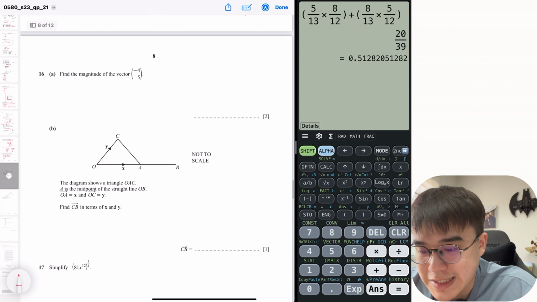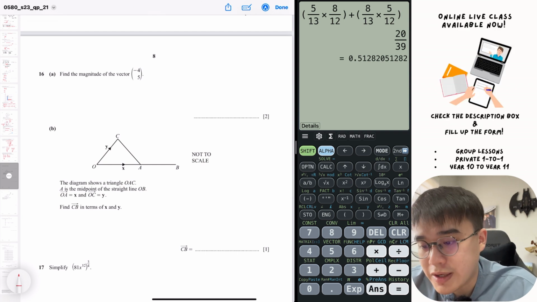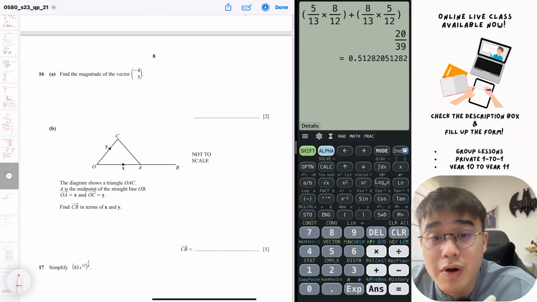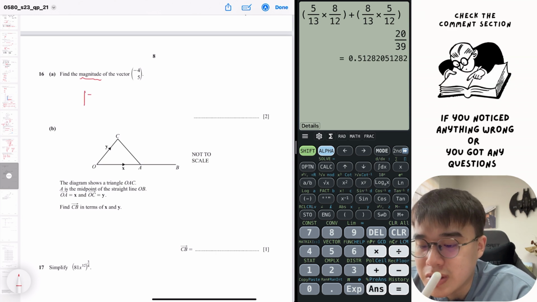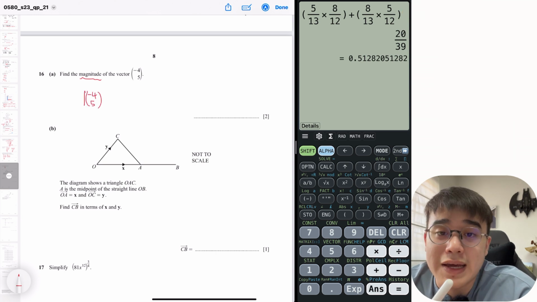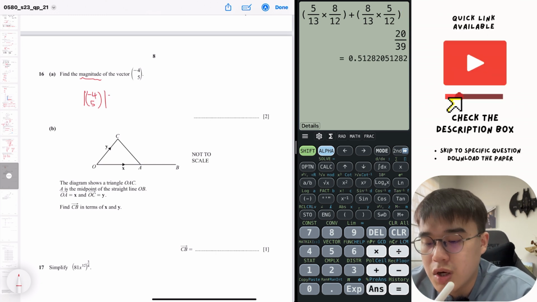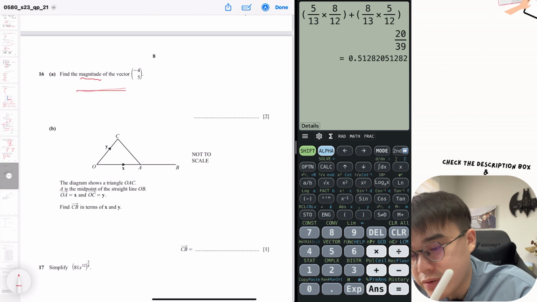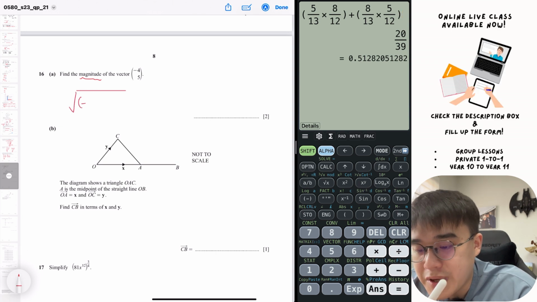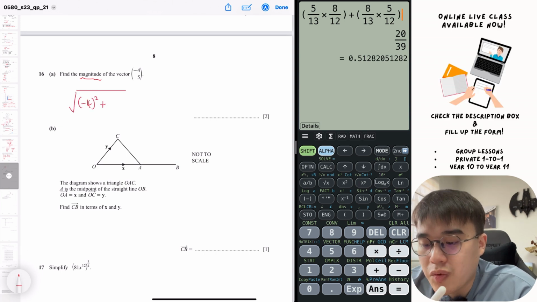Moving on to question 16, magnitude. So magnitude in this case, there's a few representations. They can either write something like a modulus symbol outside of the vector, and it is also referring to magnitude. So to calculate this, all you need is a square root, -4 being squared, and a 5 squared here.